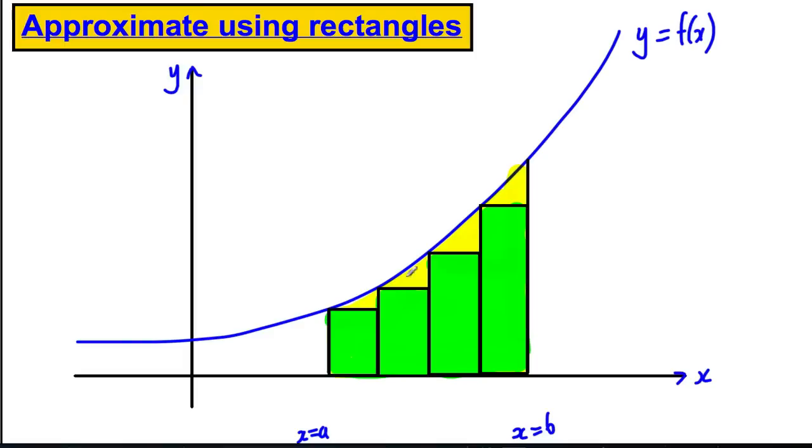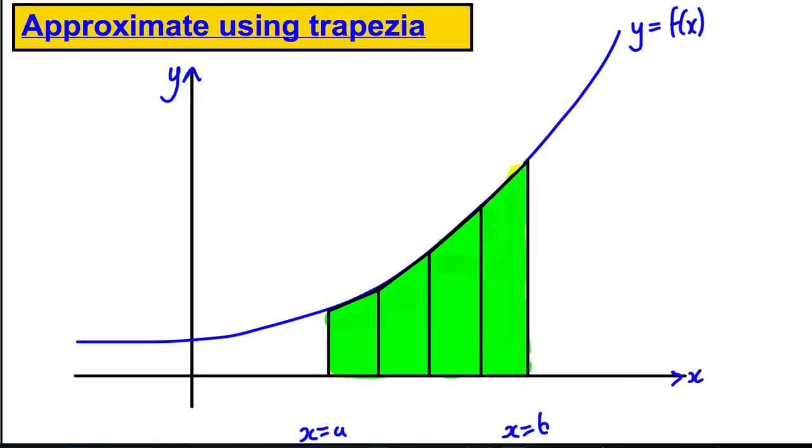It's easy to work out the area of a rectangle, and if I add them up, it's an approximation to the area I'm looking for. So that is one way to try and approximate this. Obviously, the more rectangles you have, the smaller the error and the closer your answer would be to the real integral or area. However, rather than using rectangles, suppose we use trapezia.